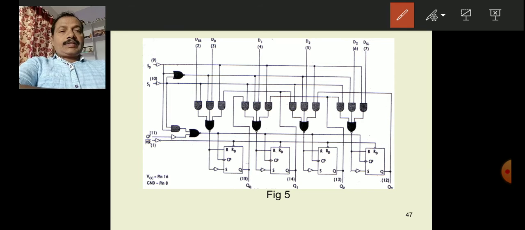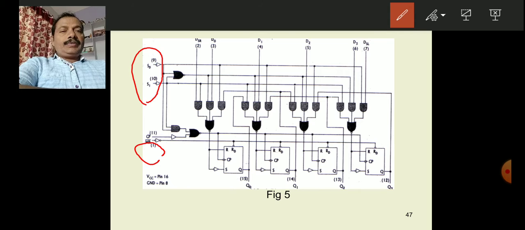Observe here, these are the mode selection bits, and the master reset bit is also there. With the master reset bit, the data is cleared.